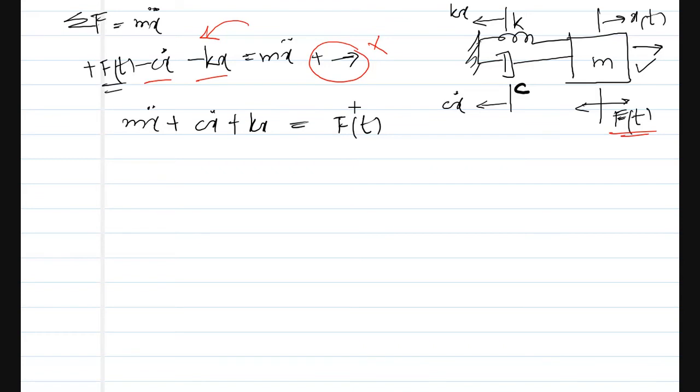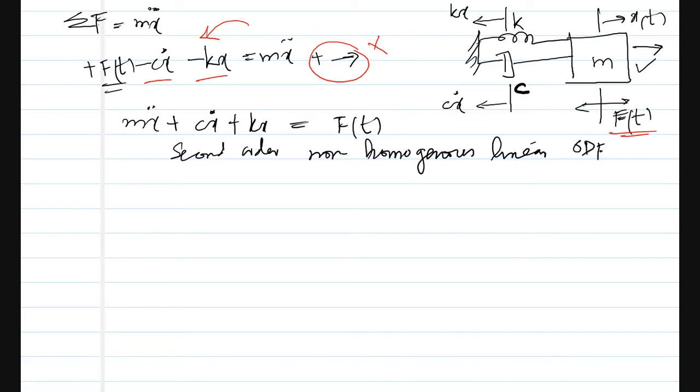Okay, the right hand side is not equal to 0, and such types of equations are called second order non-homogeneous linear ordinary differential equations. Clear?